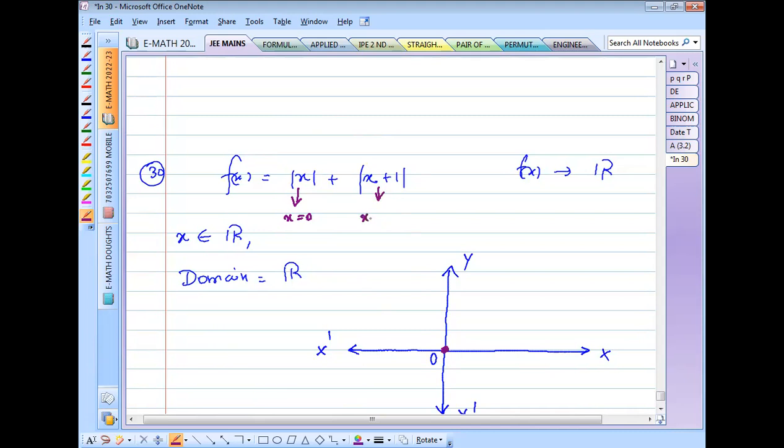Can you tell me what the root is for this function? You have to take the internal part of the given function, which is x plus 1, and equate it to 0 to get the root. So x is equal to how much? Minus 1. So that means these are the two root values. First of all, mark them on the real axis. Okay.